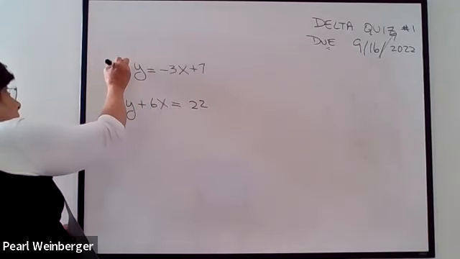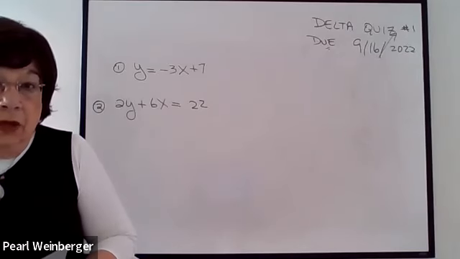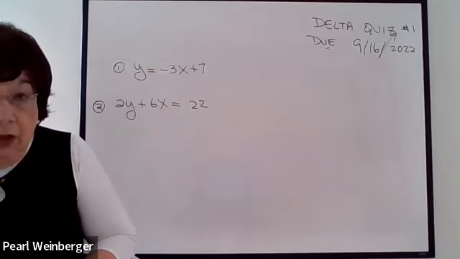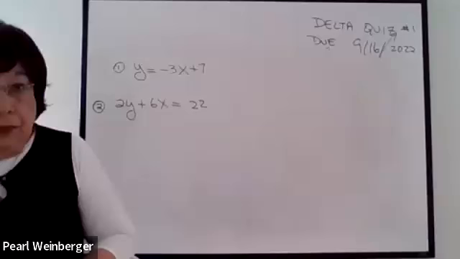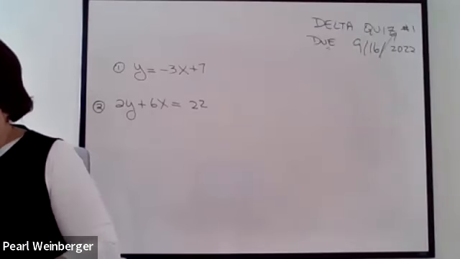So here's my line 1. Here's my line 2. I want you to decide, are these two lines parallel? Are these two lines perpendicular? Or are they neither? So I'm going to give you a couple minutes to think about this.